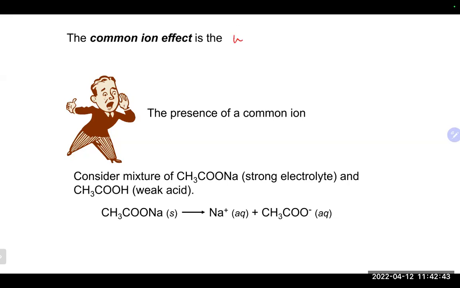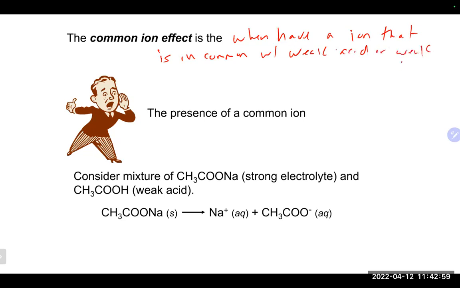when you have an ion that is in common with a weak acid or weak base. And the presence of that common ion will essentially suppress the ionization of the weak acid or base.